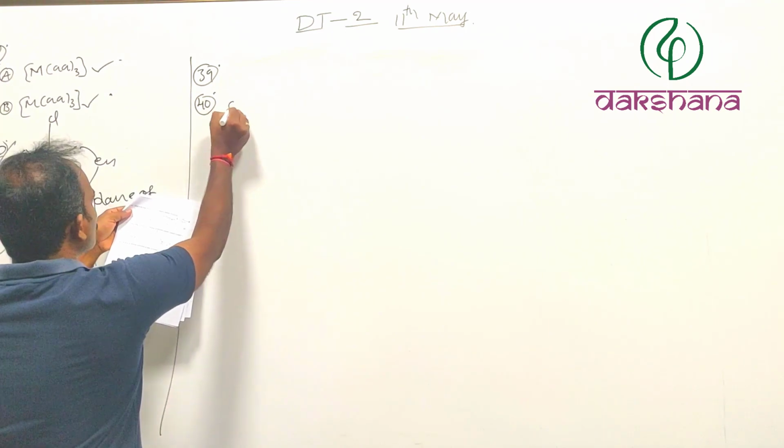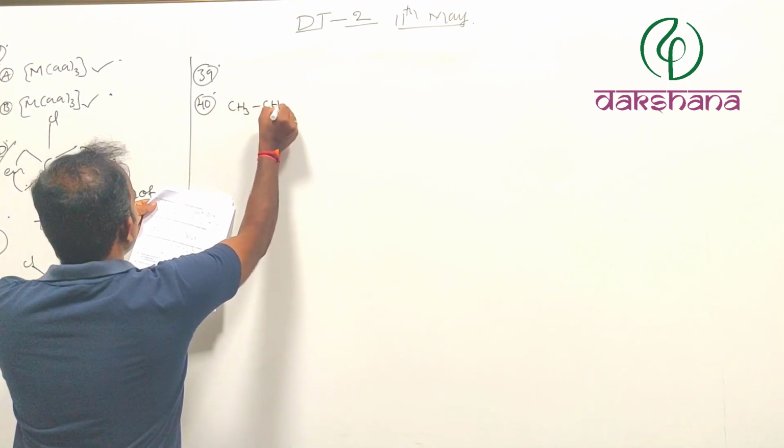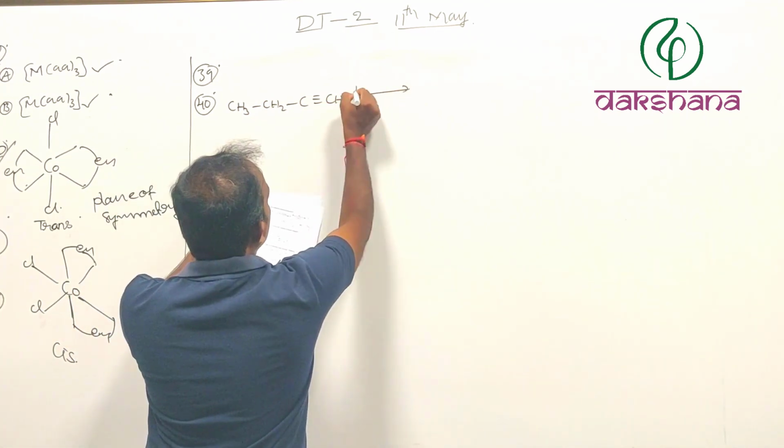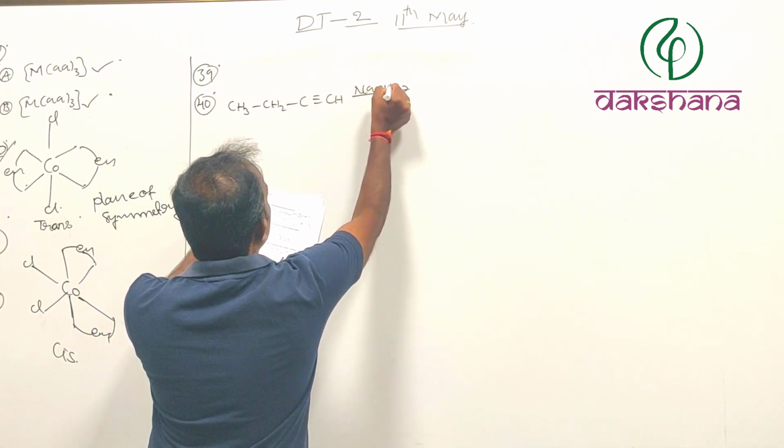Now if you see this question, CH3CH2C triple bond CH, with sodamide, NaNH2.